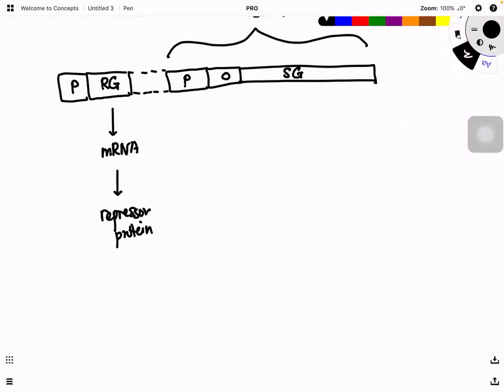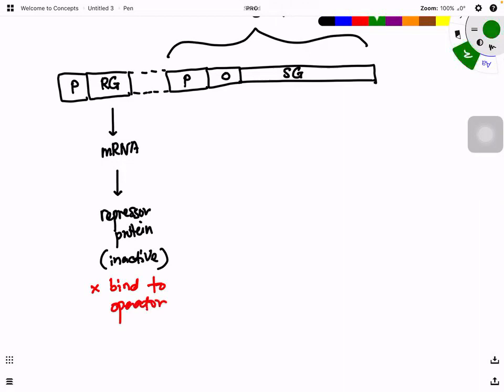But this repressor protein is inactive, so it cannot bind to the operator.